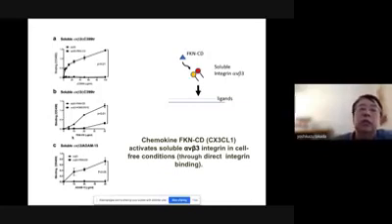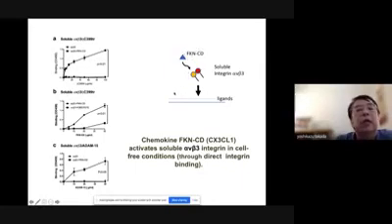Soluble integrin means no transmembrane domain or cytoplasmic domain. In this case, the integrin ligand is immobilized to plastic, and we add the soluble integrin here and then add fractalkine.